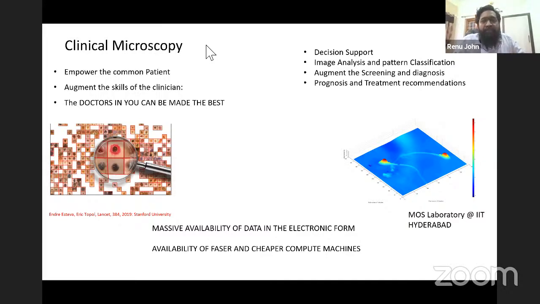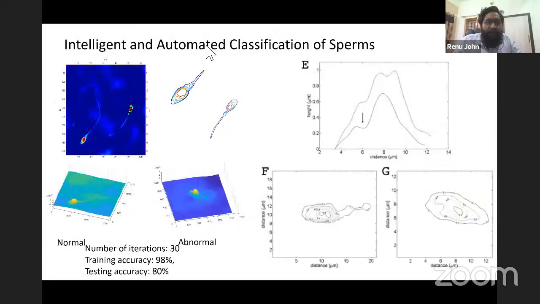In all three cases, the oral cytology application, the cervical pap smear cases, and the sperm case, we could get amazing results with very high accuracy with a very low number of iterations of training. I would show maybe some of the results. In the case of sperms, we could look at the quality, the specifications and parameters, and all the area parameters of the sperm, and classify them with very high accuracy.